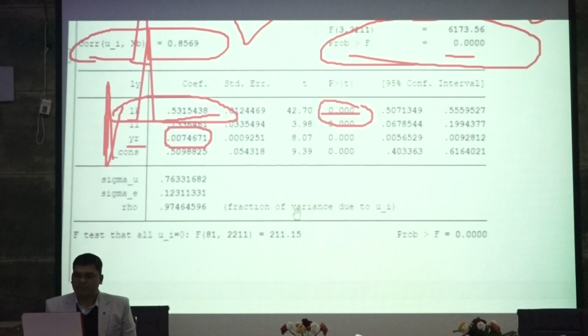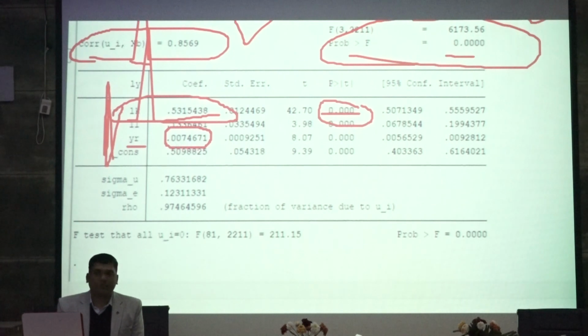Okay. So this is the coefficient of yr. What does it mean? It means 0.7% GDP is increasing annually in each country.